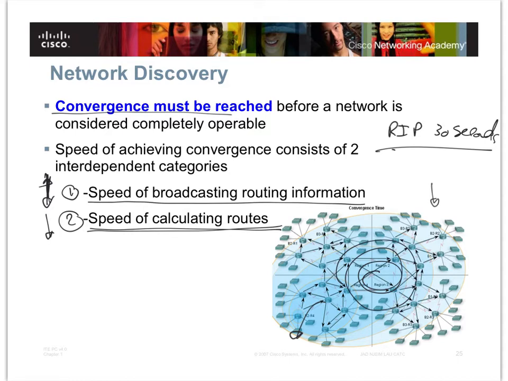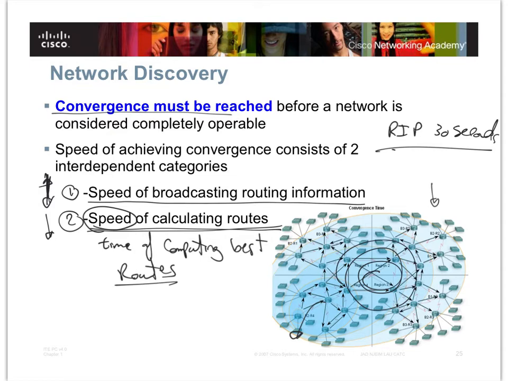The time of computing the best routes is actually low. Why? Again, because the algorithm runs on a partial view, right? The algorithm receives the route updates, and it only cares about the new ones.